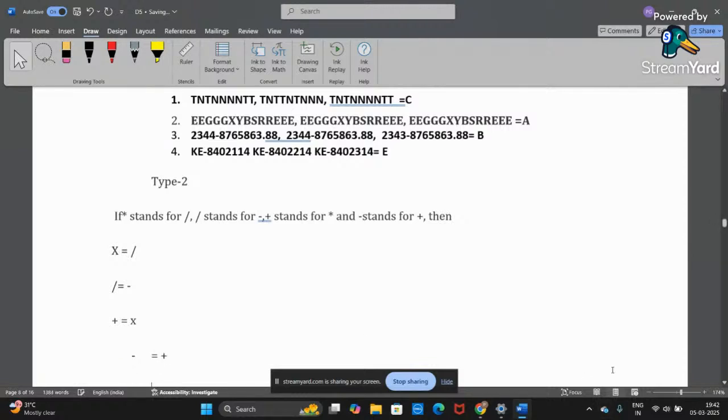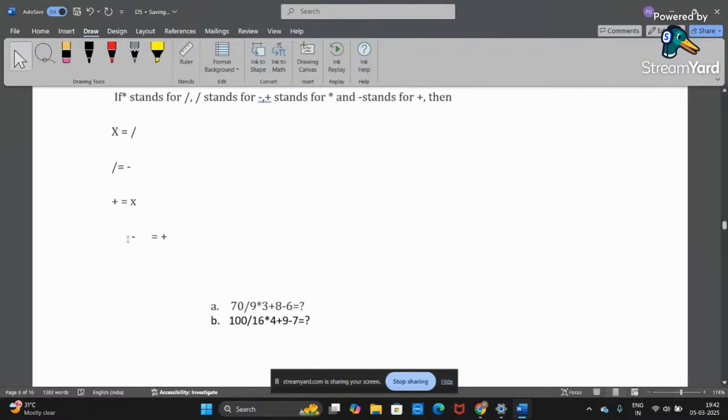So here we have to look into the question. Here 70, let's write it down. What does this division stand for? Minus, right?